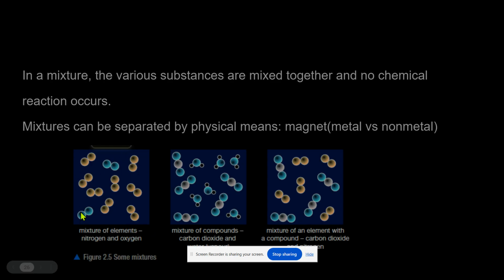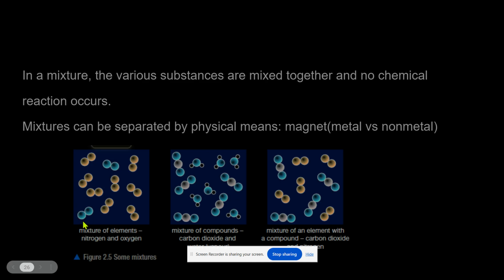Here, it's a mixture of elements. The yellow, I will say nitrogen, and the blue, I will say oxygen. There's nitrogen element and oxygen, so you can't say this is a compound. Some people say this is a compound because there's oxygen and nitrogen atoms, but that's not true.